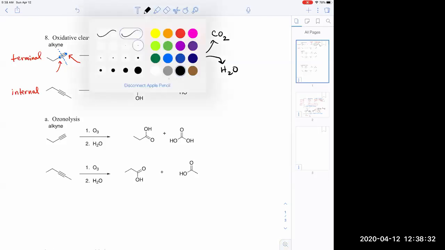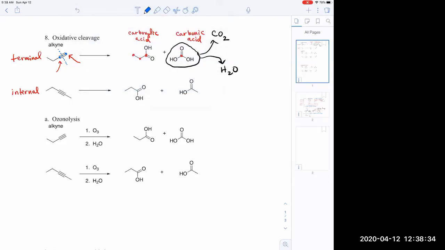Looking at the internal alkyne, you're still going to be cleaving the carbon chain between the 2 carbons of your alkyne. The carbon on the left is connected to an ethyl group, so it produces a 3-carbon carboxylic acid.